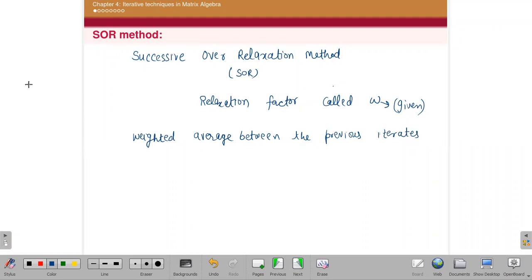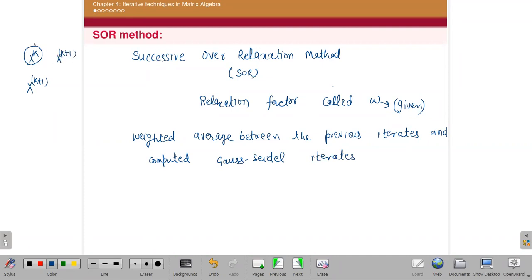Suppose I am finding the (k+1)th iteration vector. It is a weighted average between the previous iterate, that is x^k, and the computed Gauss-Seidel iterate, a new Gauss-Seidel value.